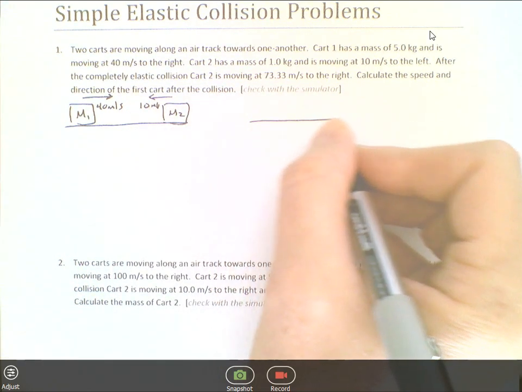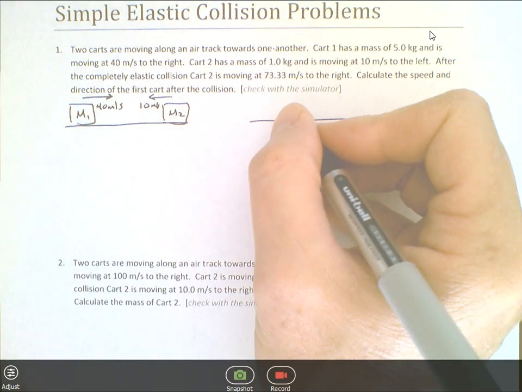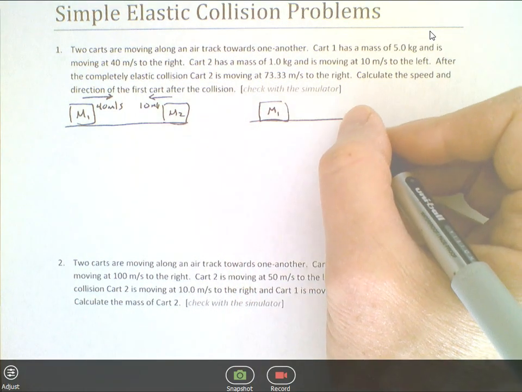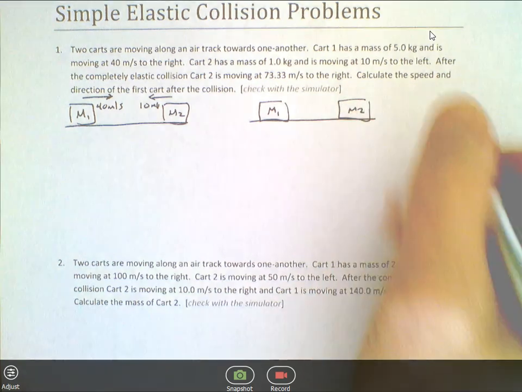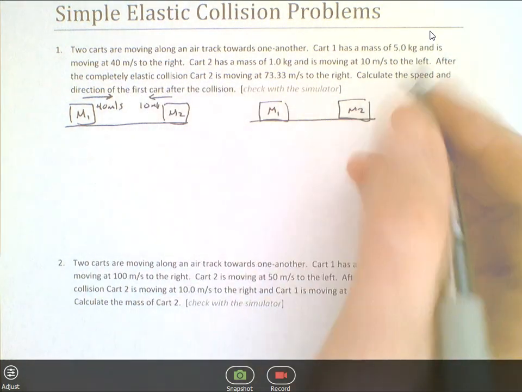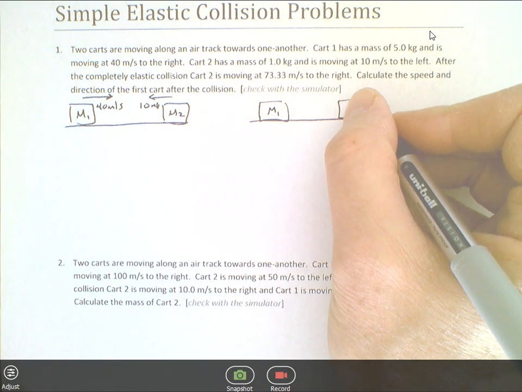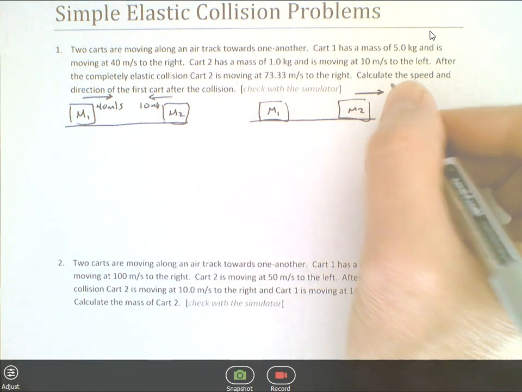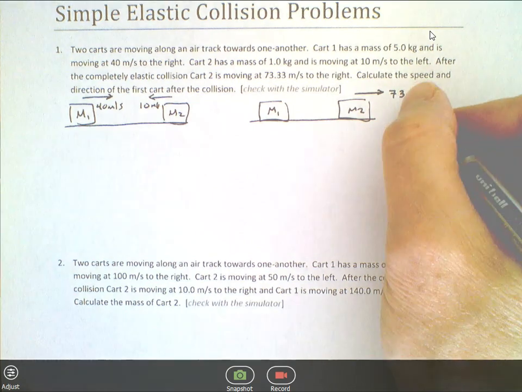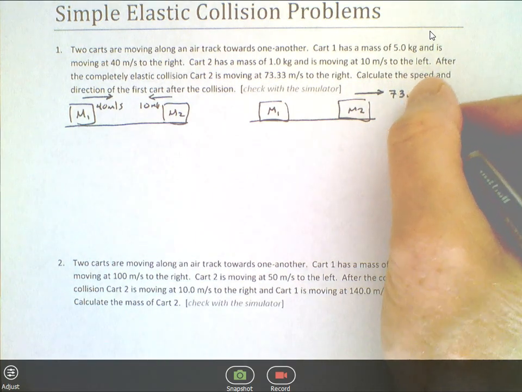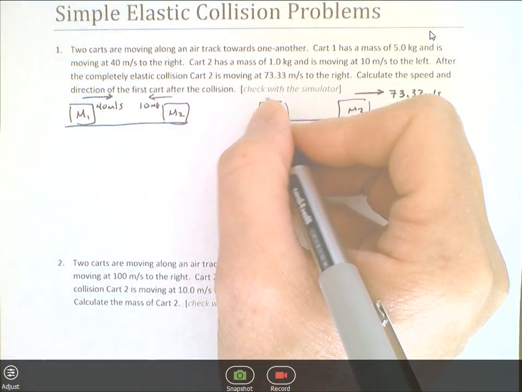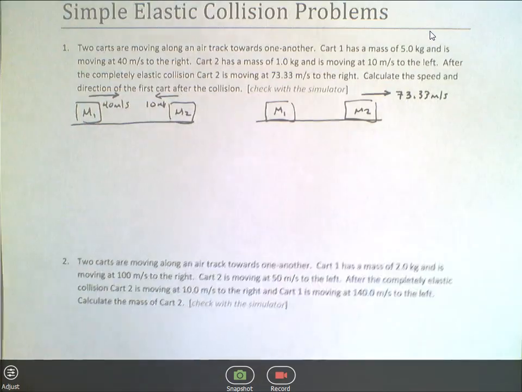They're going to hit and they're going to be moving afterwards. And we're going to see what the solution is. Cart 2 is moving at 73.33 meters per second this way, and calculate the speed and direction of the first cart.